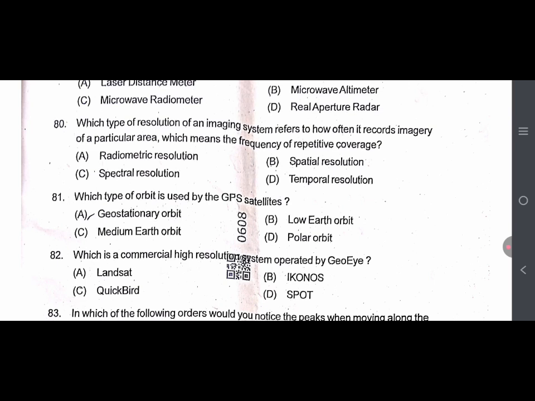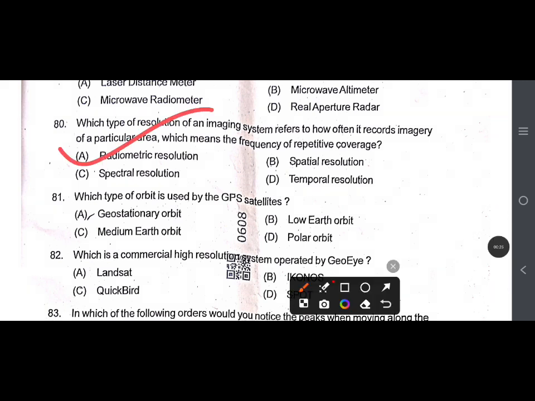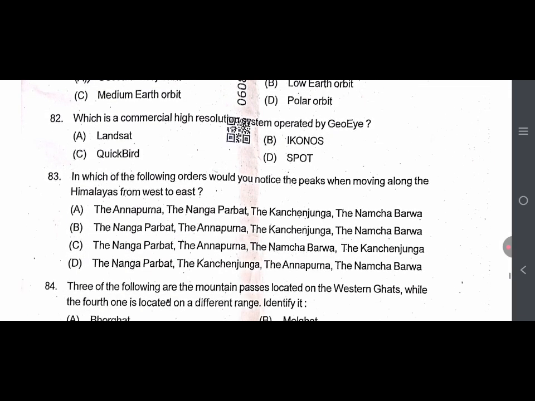Okay, answer to be option A. 81. Which type of orbit is used by the GPS satellite? Okay, answer to be option D. 82. Which is commercial high resolution system operated by GOI? Okay, answer to be option B.